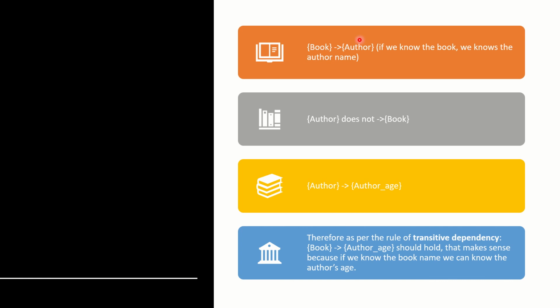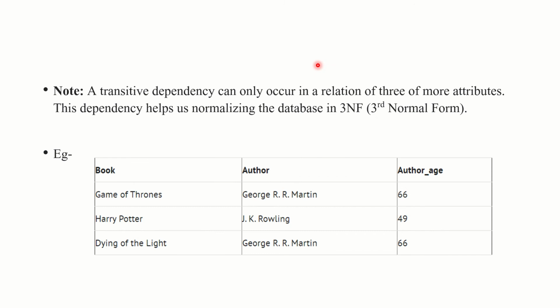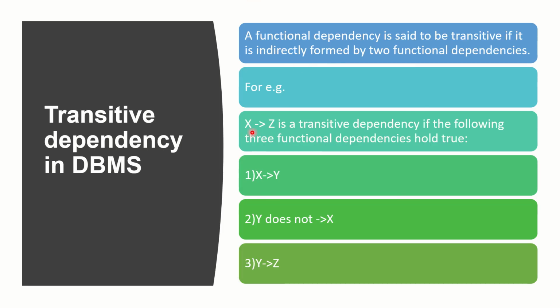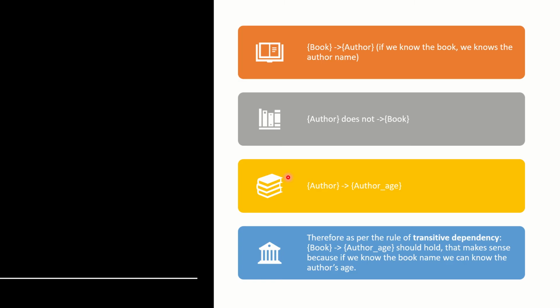So here we take x as book, y as author. So book implies author. That means if you know the book, we can identify the author. The second one is author does not imply book. That is, if you know the author, you cannot specify the book.